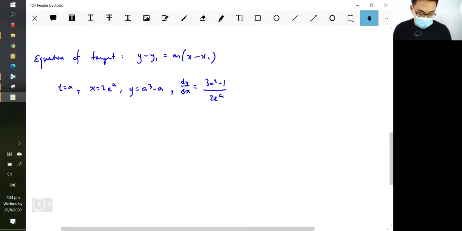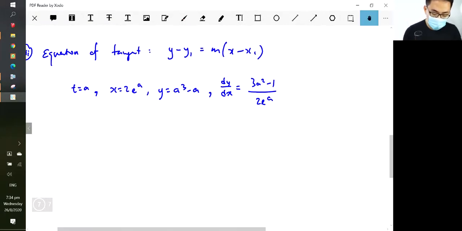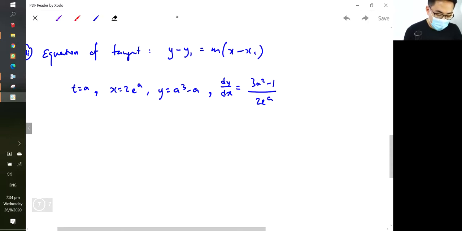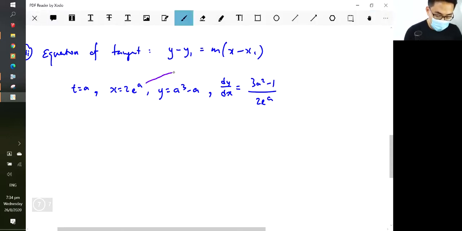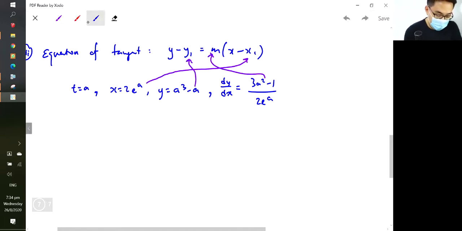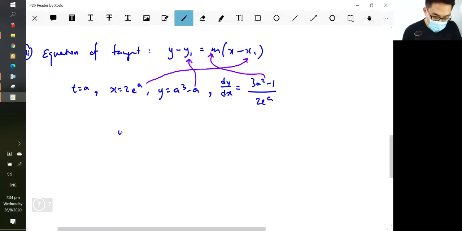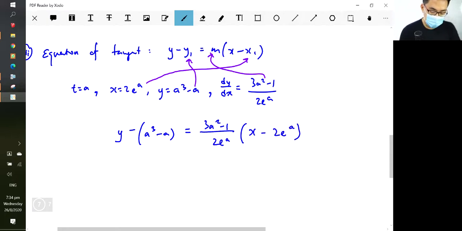So for the equation of tangent, you just replace these values inside here. This is x1, this one here. So the equation of tangent will be y minus (A cubed minus A) equals (3A squared minus 1)/(2e^A) times (x minus 2e^A).